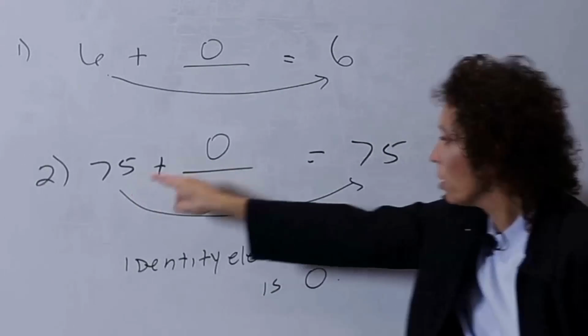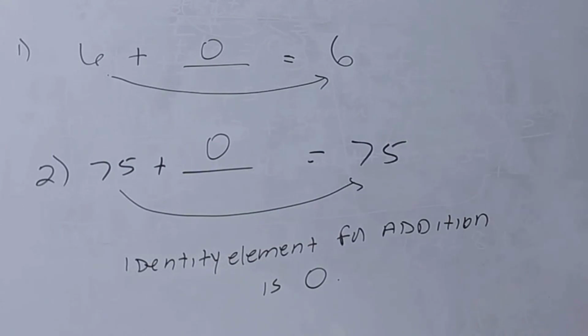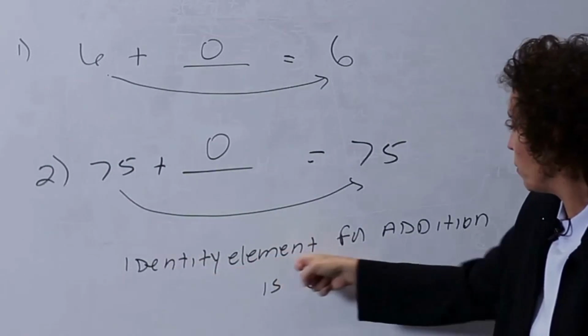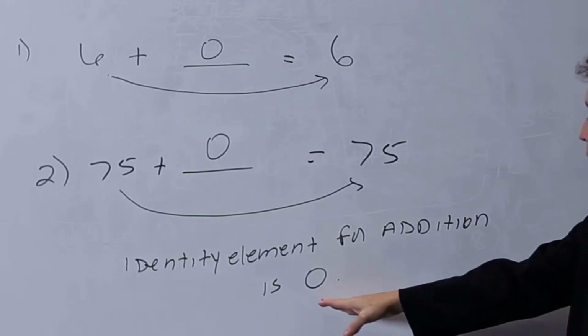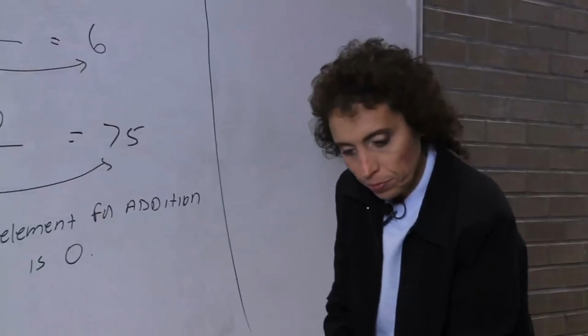Whatever you start with, you get back to. So that's kind of like your identity. You look at yourself in a mirror, you see your identity. Don't scream, but you see your identity. So the identity element for addition is 0, because anytime we add anything to 0, we get back the anything.